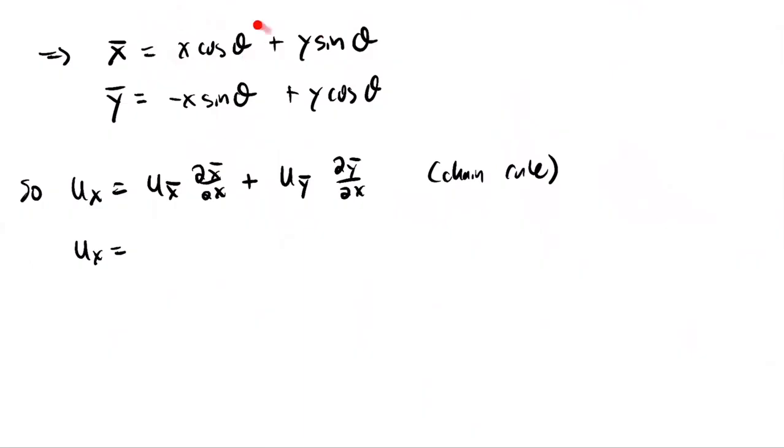The only thing that depends on x here is the first term. If I take the derivative of this term with respect to x, I just get cosine theta. So this is going to equal cosine theta times u_x bar. Similarly, the derivative of y bar with respect to x is equal to negative sine theta, so I'm going to get plus minus sine theta u_y bar.